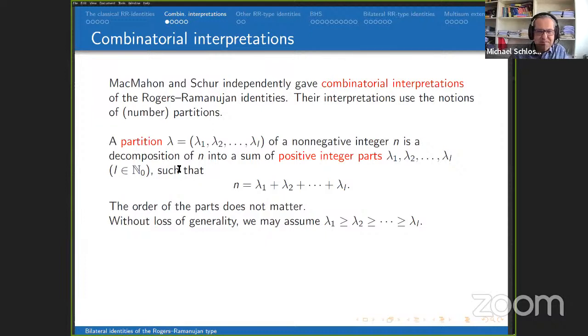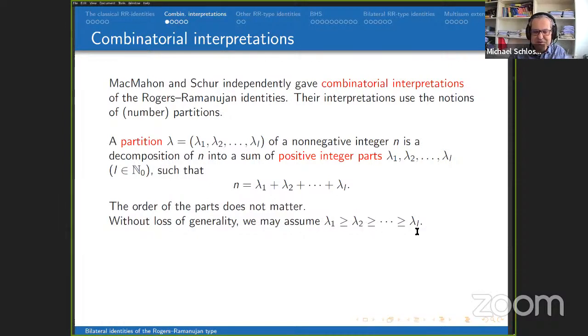As most of you are probably aware, a number partition is a way to express n, a non-negative integer, in parts, let's say you have L parts, number 1 plus number 2 up to number L. These parts should all be positive, so there are these summands, and the order should not matter, so you can order these integers in a non-increasing way.